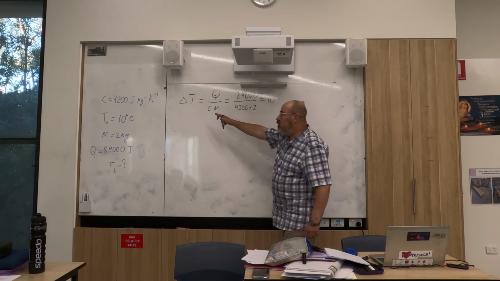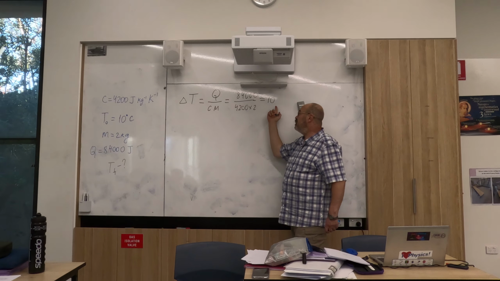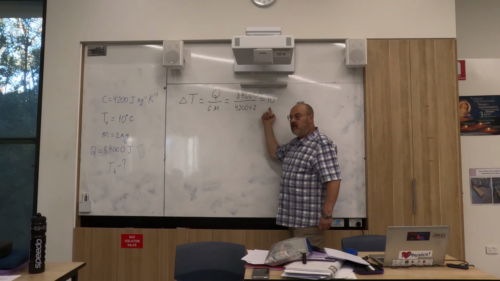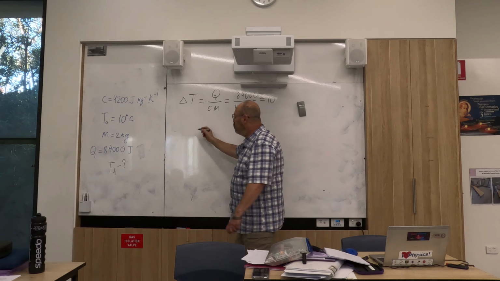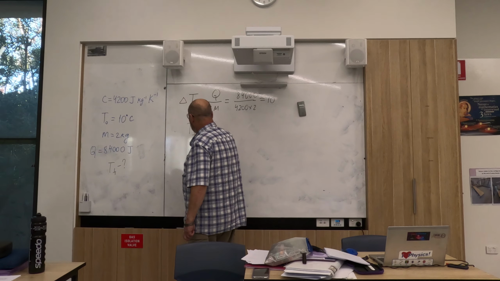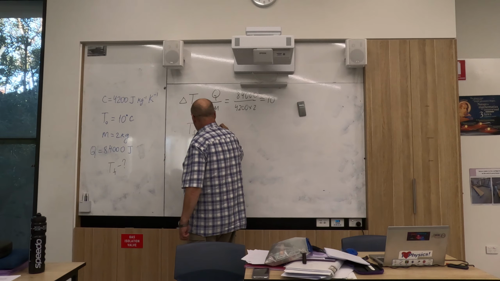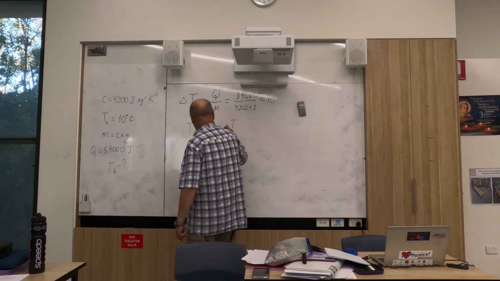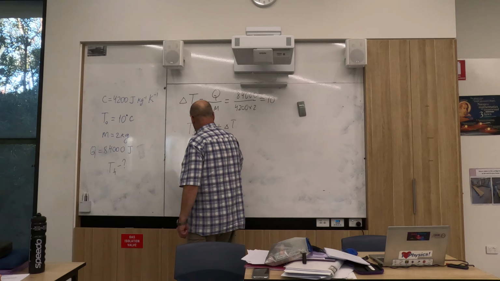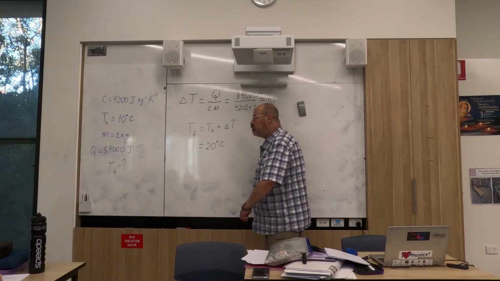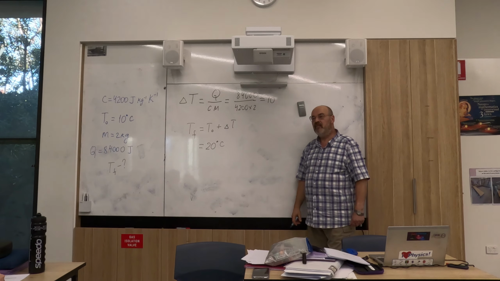So we have found that change in temperature is 10 degrees. Initial was 10, so final will be initial plus change in temperature, equal 20 degrees Celsius. Make sense?